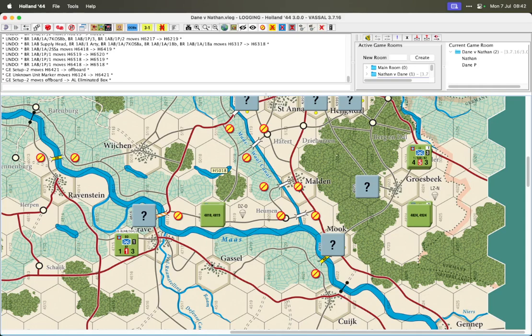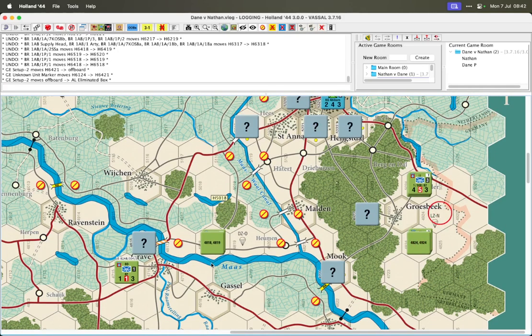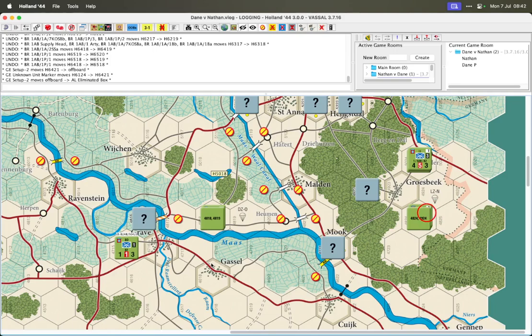So the maximum to land there was 3. You can put 2 at one of these, or you can put 1 at one of these. At Nijmegen, that's a hex, that's a hex, that's a hex. Since the one hex has 4 in it, you've got to at least move 1 somewhere else. You could move 2 if you wanted.